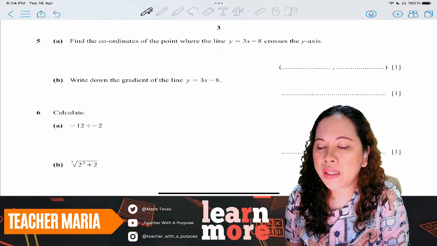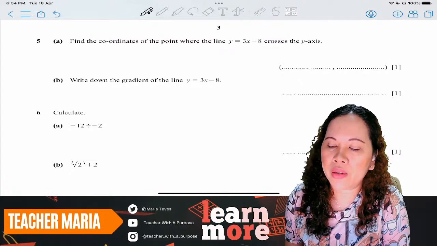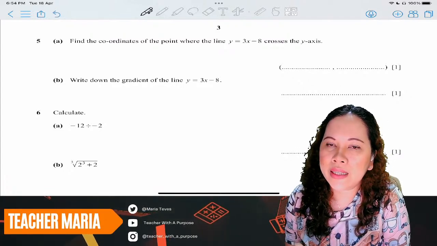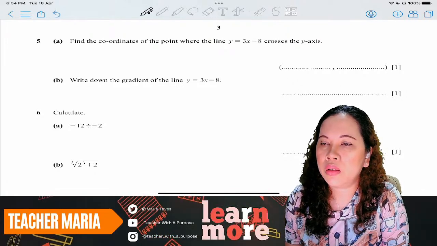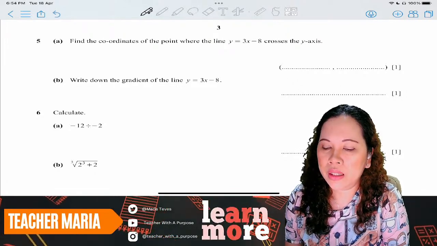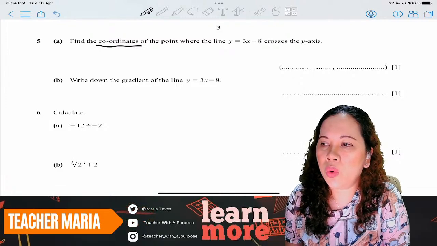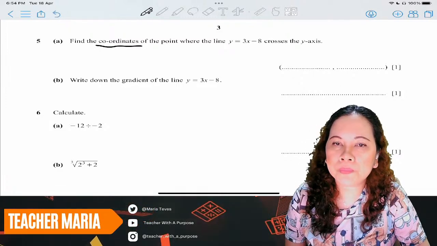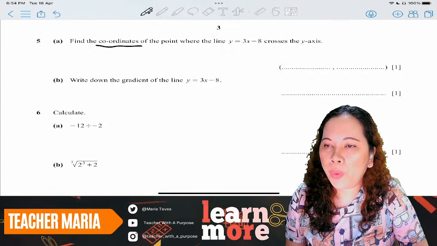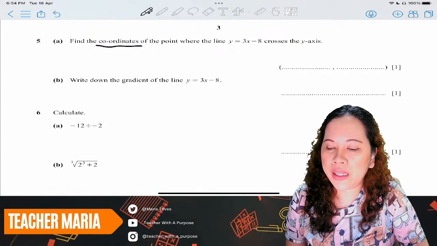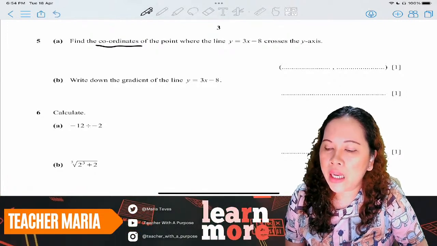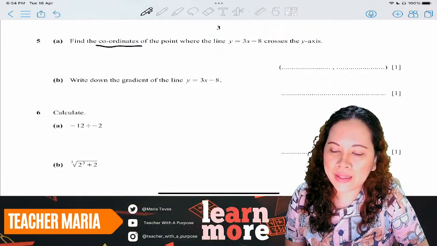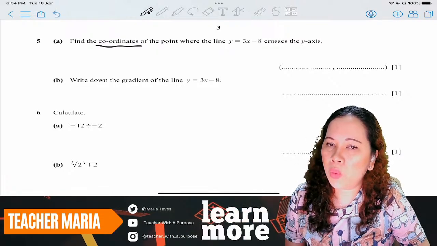Okay. The next question, question number 5, says: find the coordinates of the point where the line y equals 3x minus 8 crosses the y-axis.